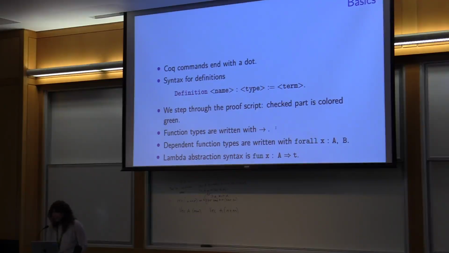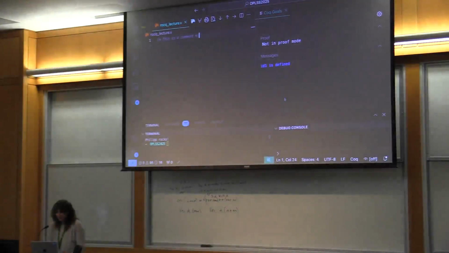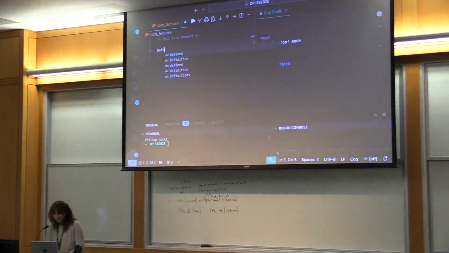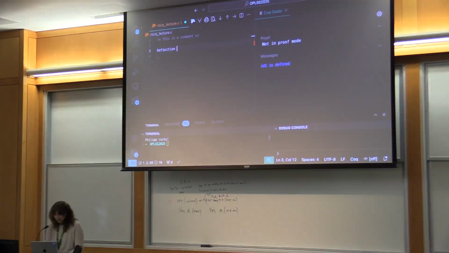So of course, I will define you the identity. So the first derivation we did was the identity function, so let's derive identity here. So I say definition, and then I have to give it a name. It will be, of course, called ID1, because ID is already taken.